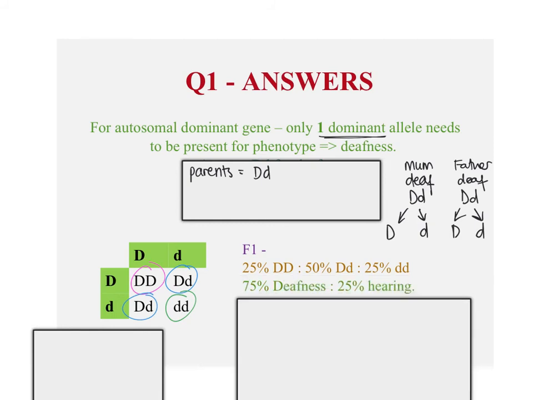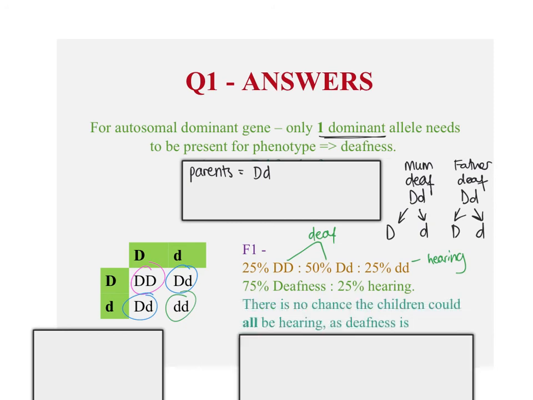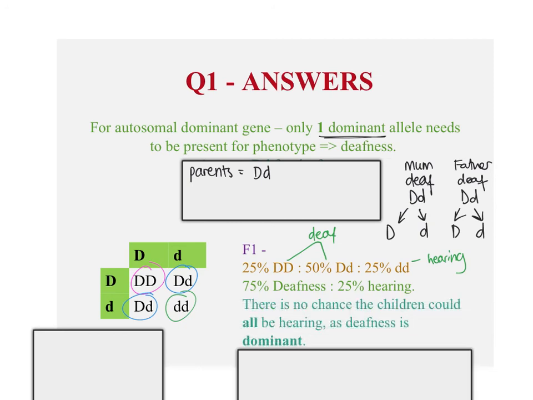So if I carry on thinking about those phenotypes now, both the big D and big D, little d offspring are going to be deaf, and the 25% little d are now hearing. And if we think back to the question, which was, is there any chance that all of the children could be hearing? There is no chance that all of the children could be hearing, as the deafness is a dominant condition.